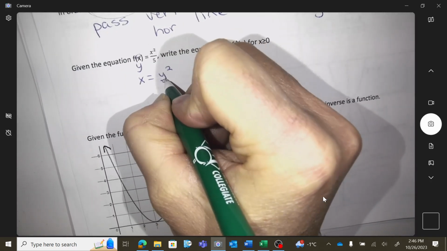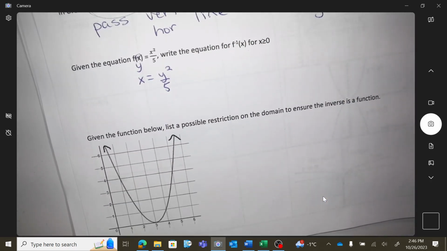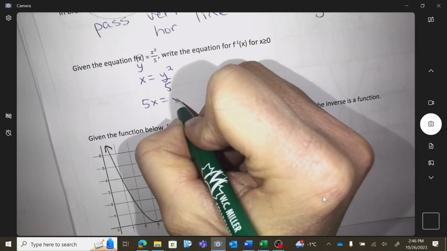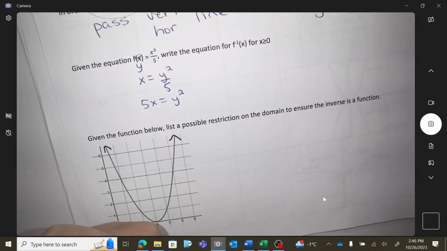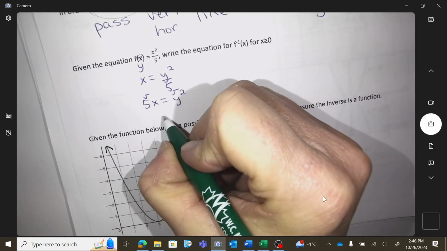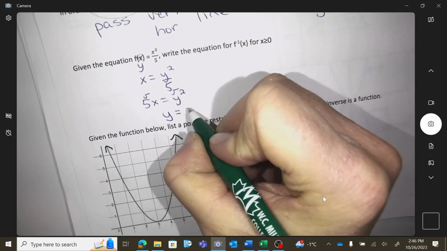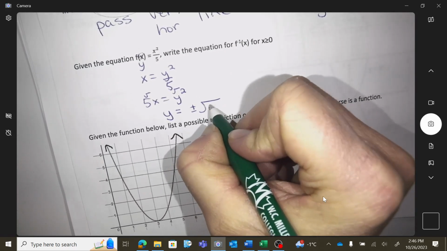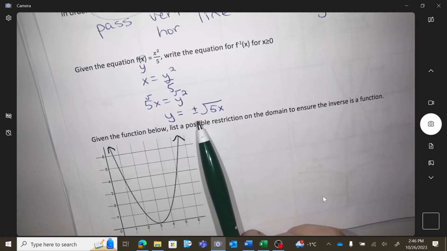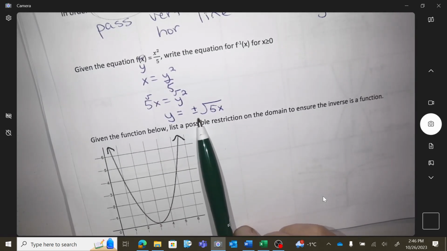X equals... we're going to times by 5, and then we're going to square root. What happens, you've done this in the past: what could you square to get something? You could do a plus or a minus.